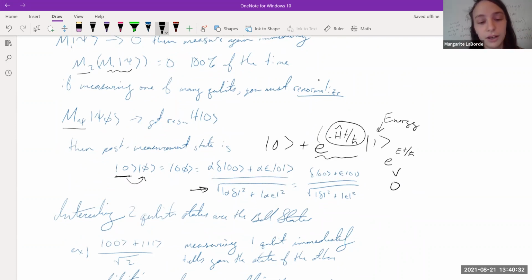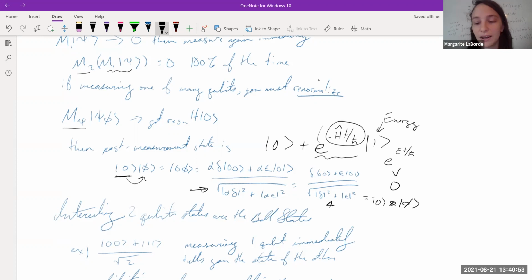So that's what's going on here. We're just renormalizing it. And then you can very quickly see the alpha pops out. And so you get something that looks like this guy, which then looks like you just took your initial state and did this with it, right?